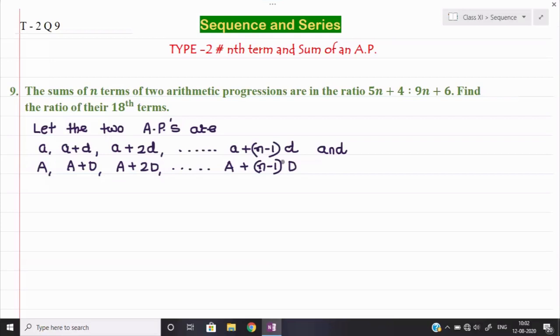Now what we have been given here is the sum of n terms of two arithmetic progressions.